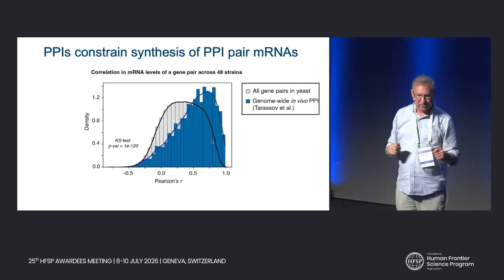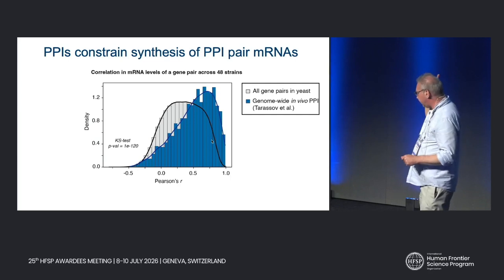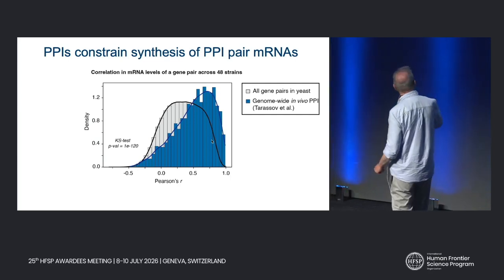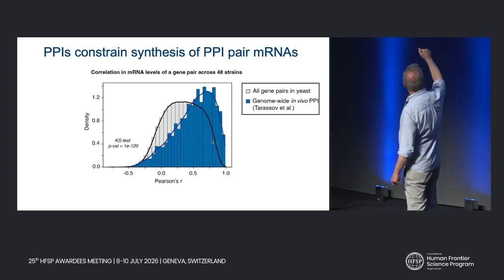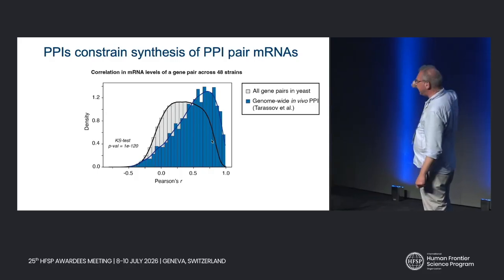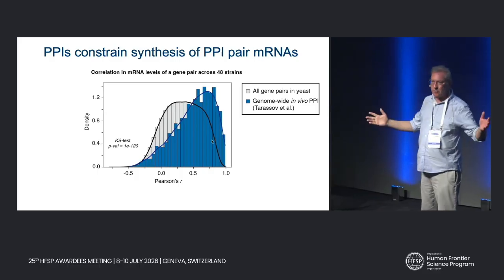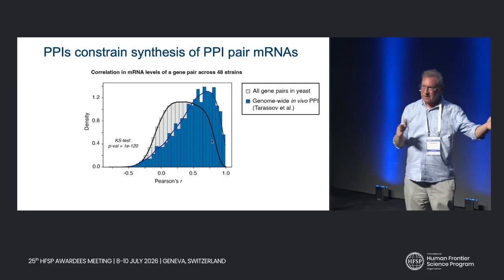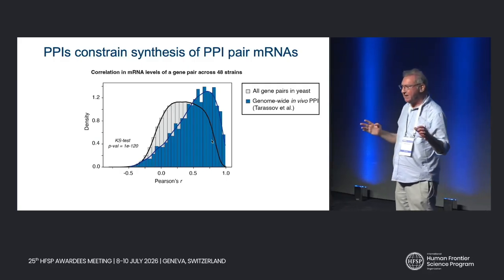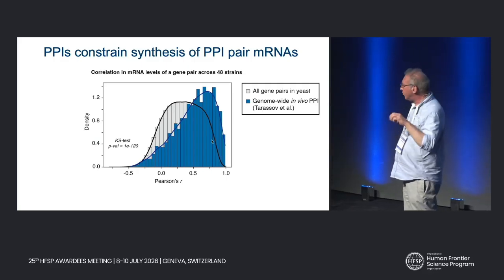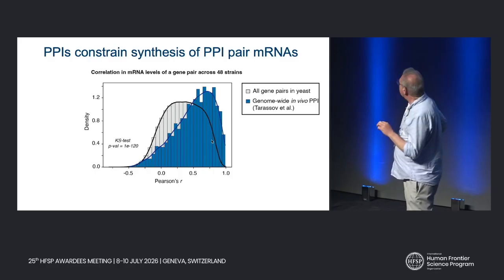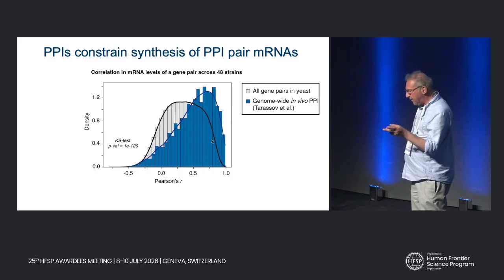So a clue to a remarkable phenomenon came up again in this study of protein-protein interaction effects on genetic variation. What this result shows is Pearson correlation coefficients and frequencies in a set of 48 of these strains that we used in this protein-protein interaction analysis, where we did two things.